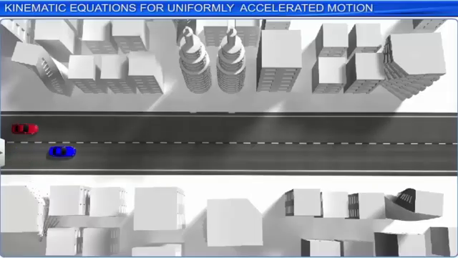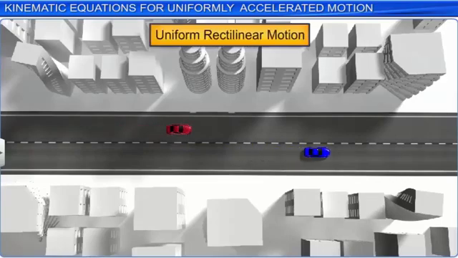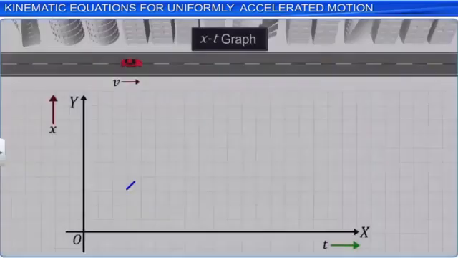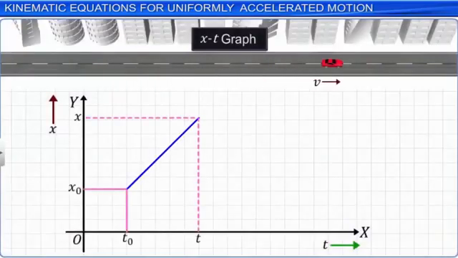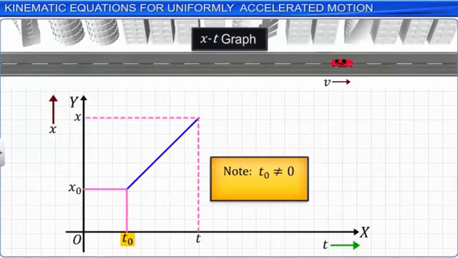The new set of equations we shall derive is very useful in solving complicated problems. Let's start with uniform rectilinear motion. Observe the x-t graph. t naught is not equal to 0 and x naught is also not equal to 0.